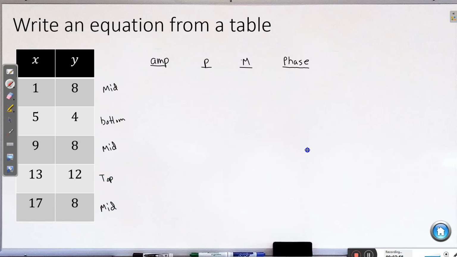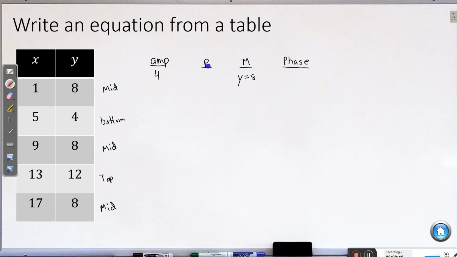So that gets us most of what we need. The middle numbers are the midline, so that is y equals 8. The amplitude is the distance from the middle to the bottom, which there you can see it's 4, or from the middle to the top, which is also 4. So that was a little bit easier. We didn't have to do any subtractions.